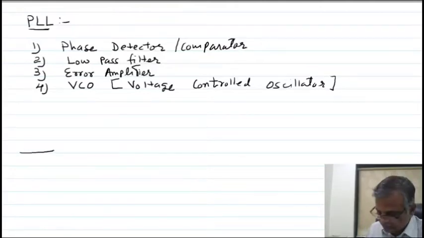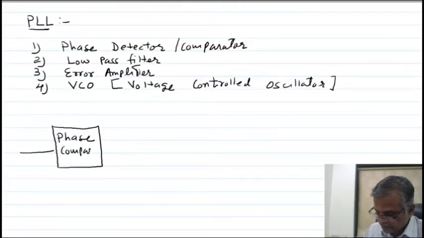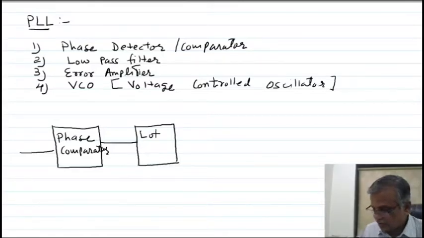This is the block diagram. First block is a phase comparator. Second block is a low pass filter circuit.